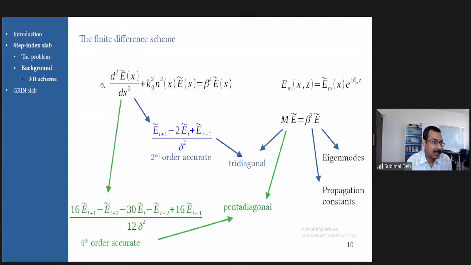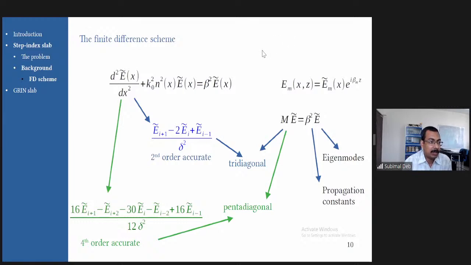And for the finite difference scheme, the second order derivative is written as a finite difference. When you write it as a finite difference, you discretize the grid. That is, you try to find the solutions of this differential equation by looking at discrete points on your entire x-axis rather than a continuous set.